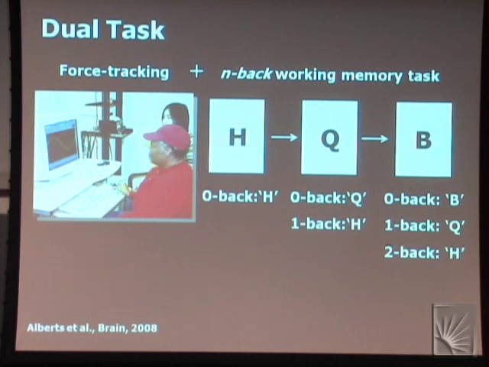So like I said, the force tracking task is relatively simple. You hold and you try and maintain a certain level of force. But in combination, you're doing it with this n-back. So the n-back is a test where the presenter is saying H, 0 back, you say H; Q, Q, B, B. 1 back, the presenter says H, Q, you say H, B, Q, so on and so forth, right?